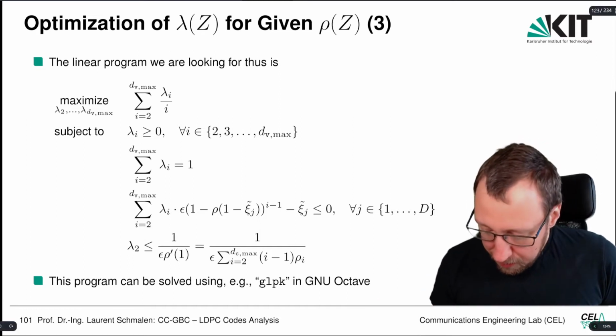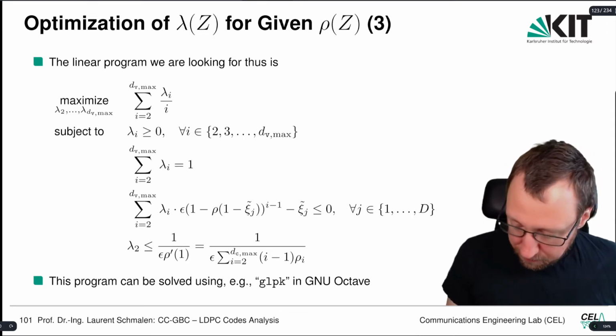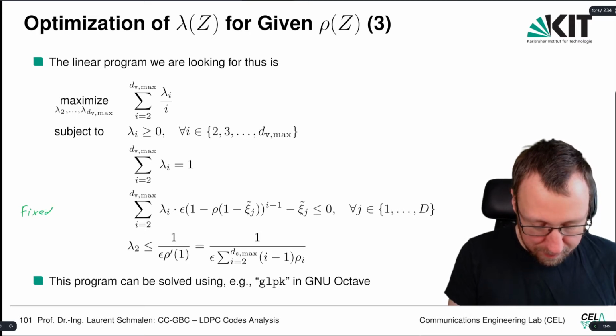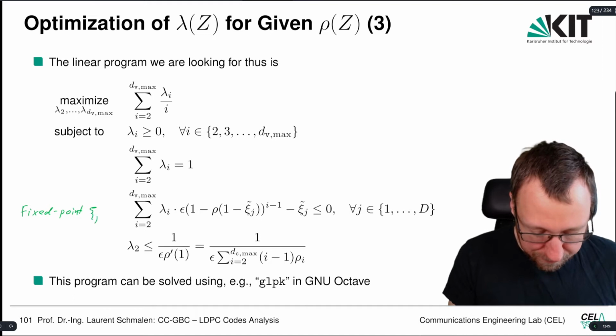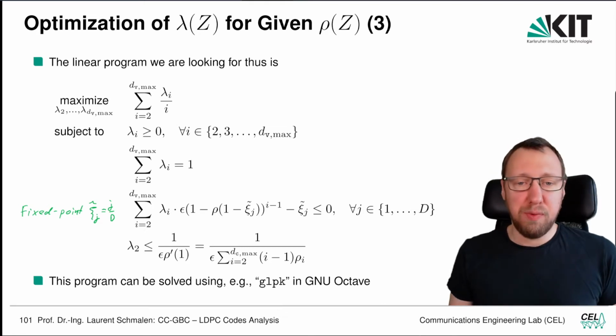Then we have the fixed point condition. So now we discretize xi. Recall that c_j tilde is equal to j divided by d, and we insert this into the fixed point condition.